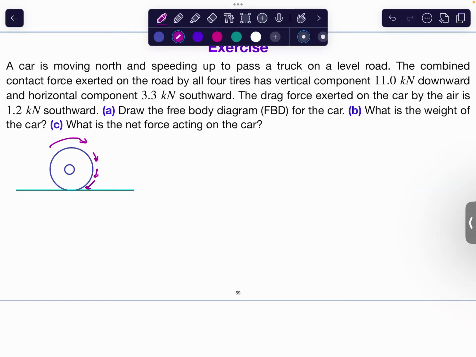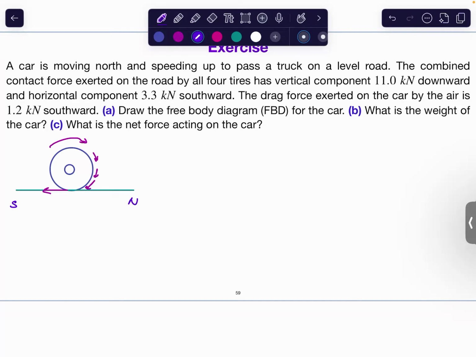It's going to be a tangent line from the curvature of the motion. So when it hits the road, the force of the wheel on the road is backwards. So again, if we say that way is south, that is our 3.3 kilonewtons southward.